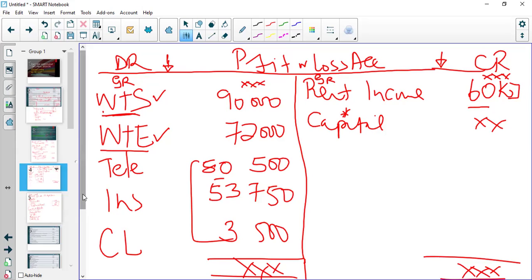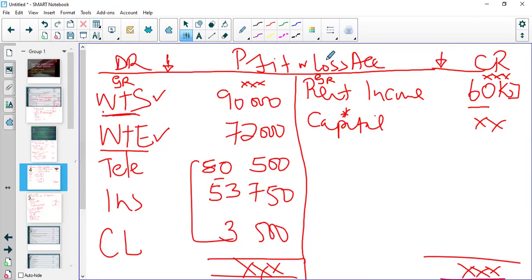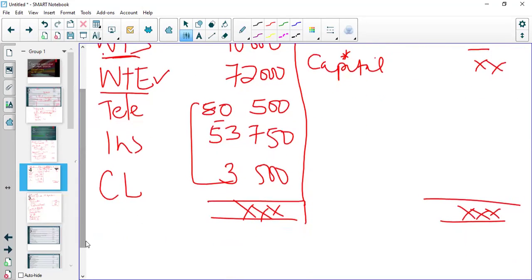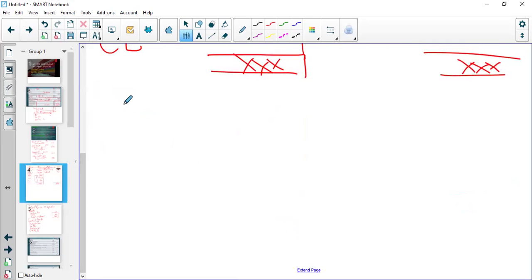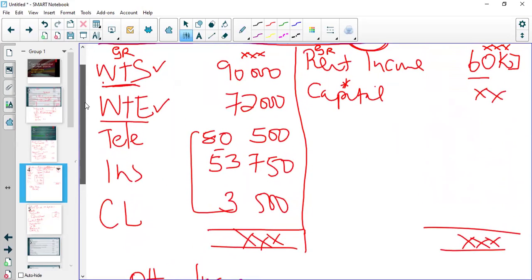Now, this was a profit and loss account in the general ledger. I want you to distinguish that from an extract of the profit and loss in the financial statements. Under that, you will have other income, and then rental income, which we have as 60,000.